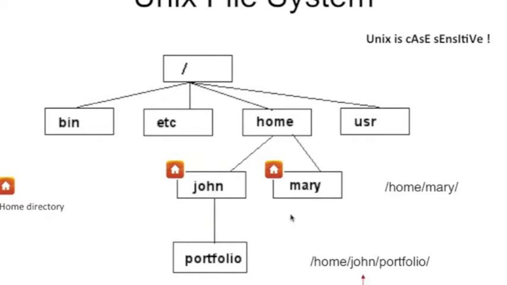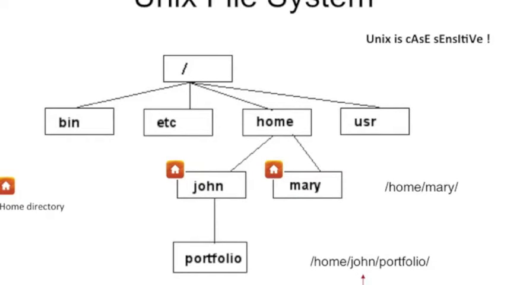Each of you will have your own home directory, different for each of you. In your home directory, you will store all your files. Mostly you'll be located in your home directory, doing things there.